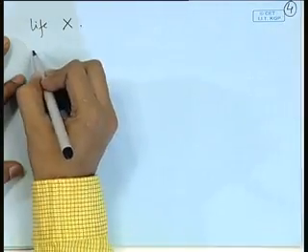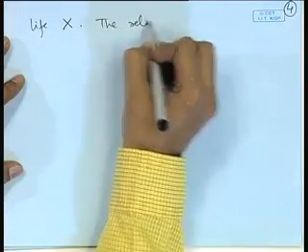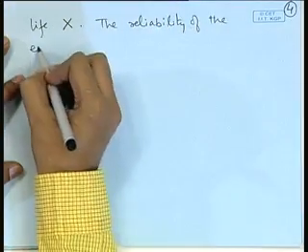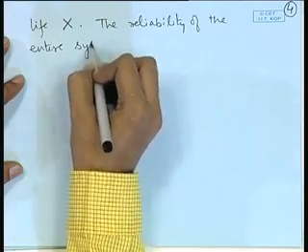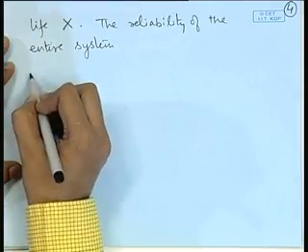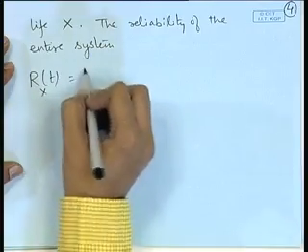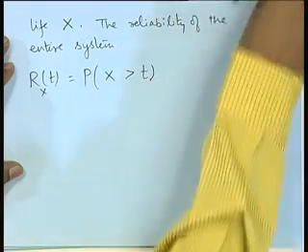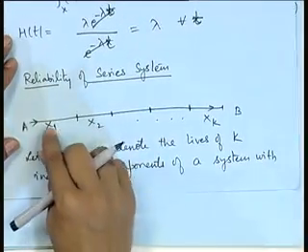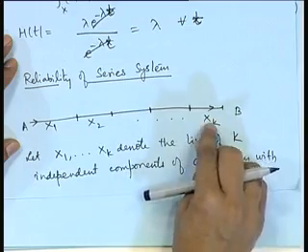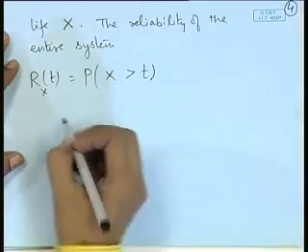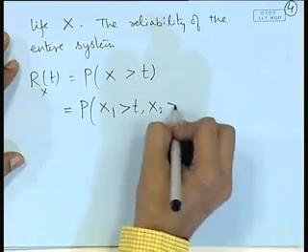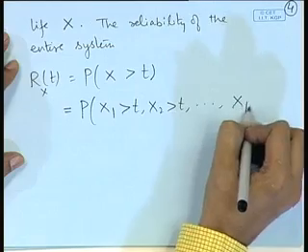So the reliability of the entire system, that is R(t), is equal to probability of x greater than t. However, the system will be working if and only if each of the components x1, x2, xk are working at time t. That means this is equal to probability of x1 greater than t, x2 greater than t, and so on, xk greater than t.